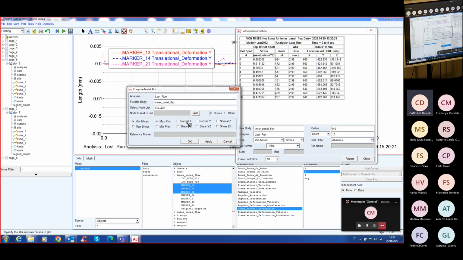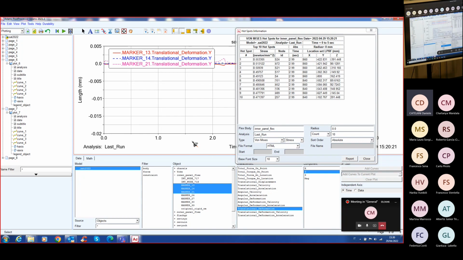You can ask for all the information you want to print. So I activate all this information and I click on OK.